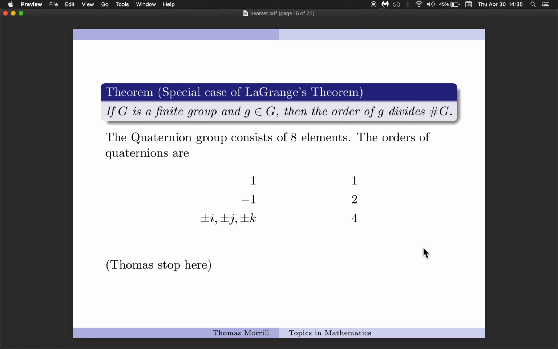For a more general group setting, this is a special case of what's known as Lagrange's theorem. Let's say that capital G is a finite group, lowercase g is an element of G. If that's the setup you've got, then the order of g has to be an integer which divides the number of elements in the group.